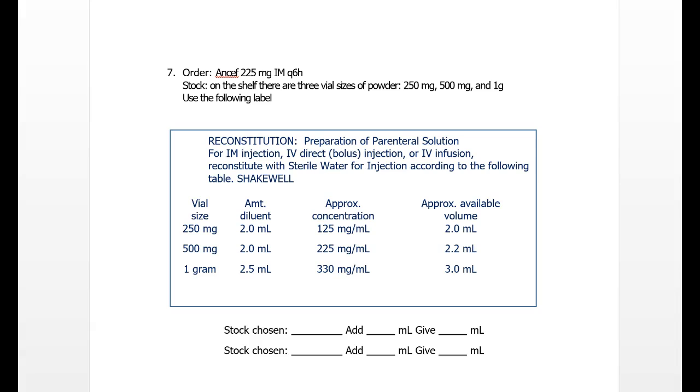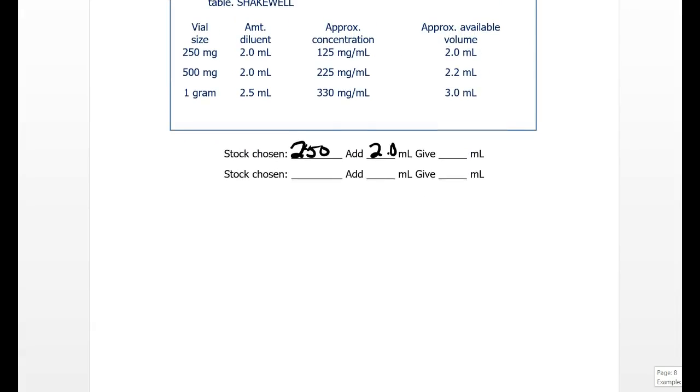I would not use the 1 gram because that's a lot and you're kind of wasting a lot of it. I would use the 250. And I'm going to add 2 milliliters. And I need to figure out how much I would give in that 2 milliliters.